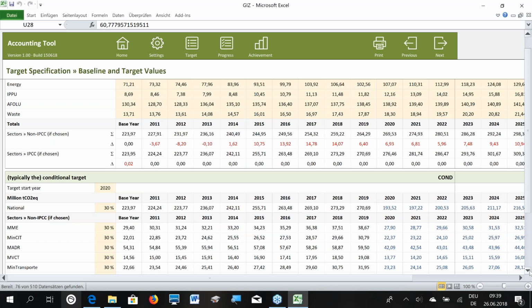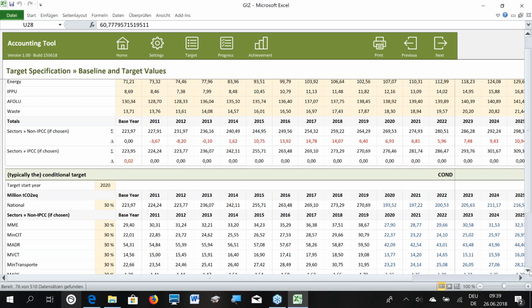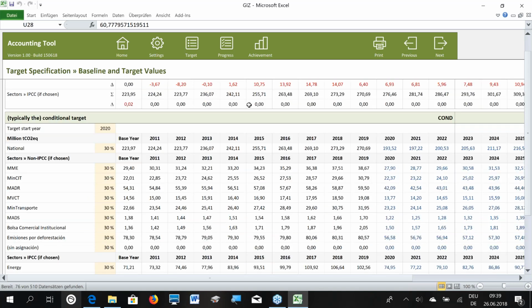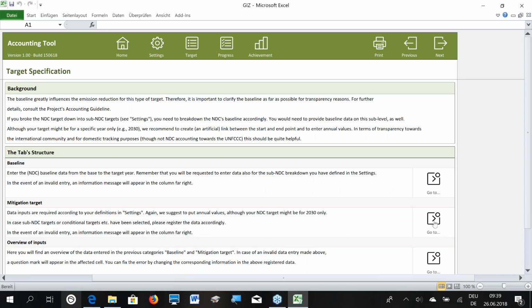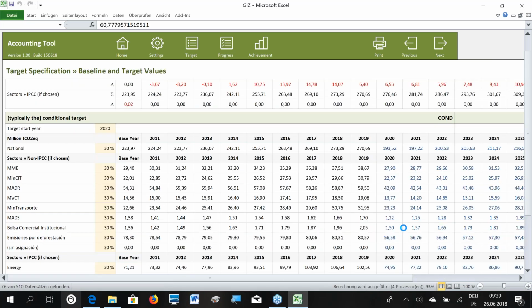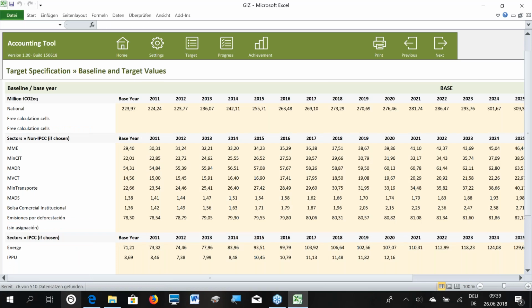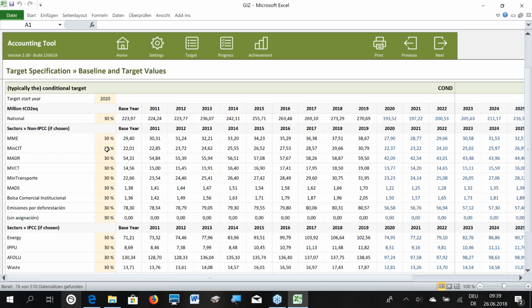So just here below, you can also get there by going to this target button. You put here then your targets. You can introduce them as percentage numbers or also as absolute numbers.